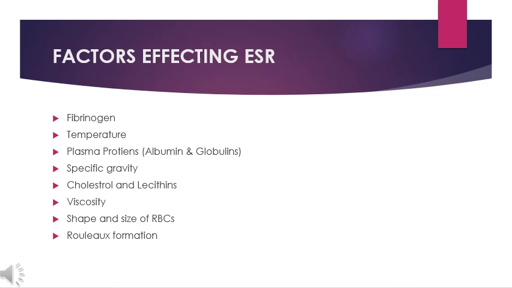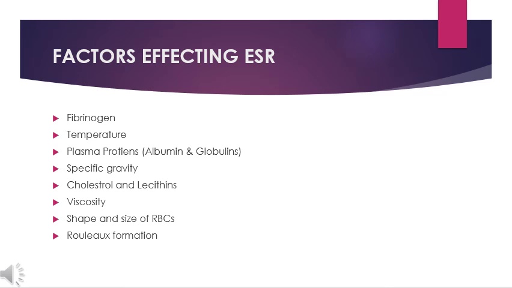There are many factors which can affect the test results, like plasma proteins such as albumin, globulins, or fibrinogen. These proteins can change the negative charge of RBCs, and because of that the ESR rate will be increased, because the negative charge prevents RBCs from settling down.